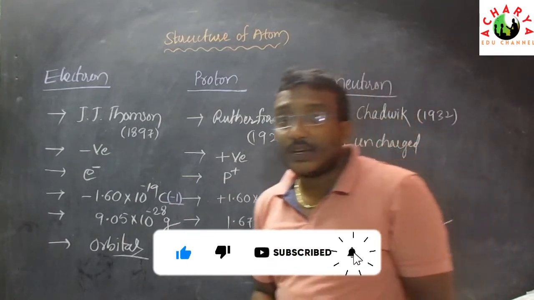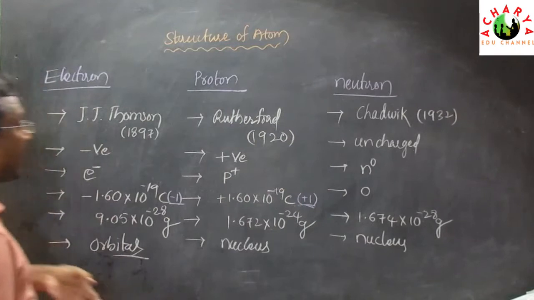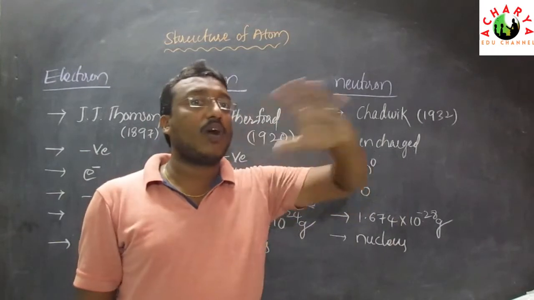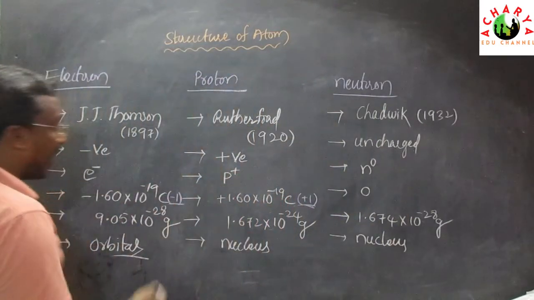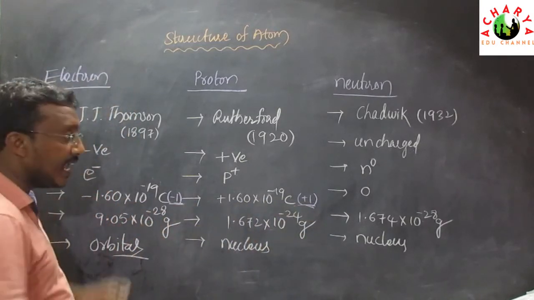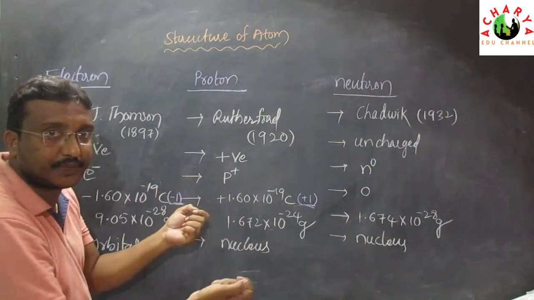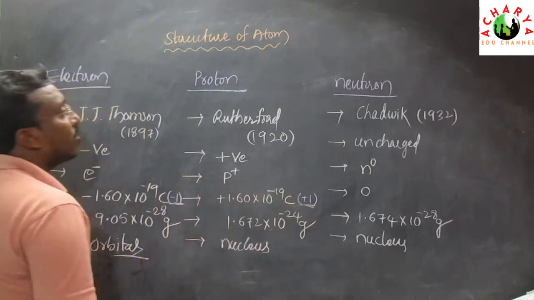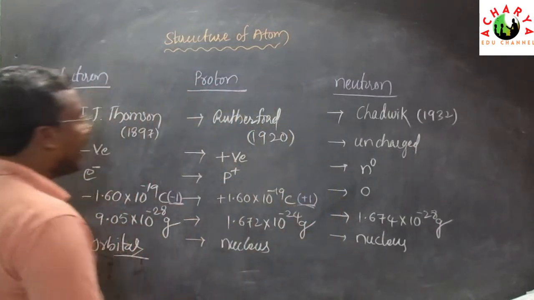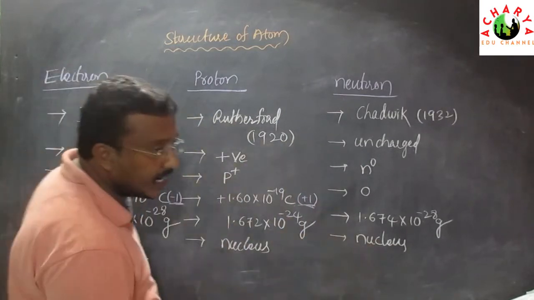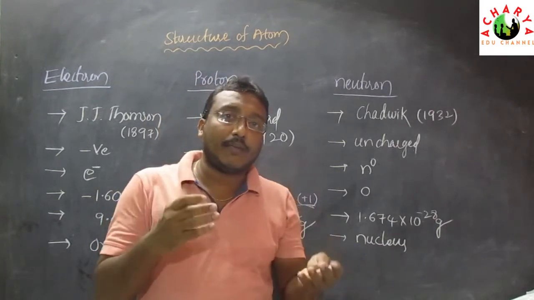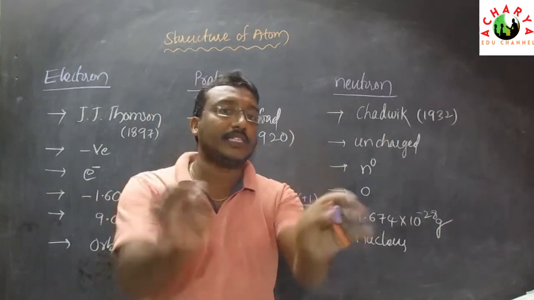Why is it electrically neutral? Because the subatomic particles electron and proton both have equal charge, one positive and one negative, equal in magnitude but opposite. So that's why the atom is neutral. An atom is neutral when it has an equal number of protons and electrons.